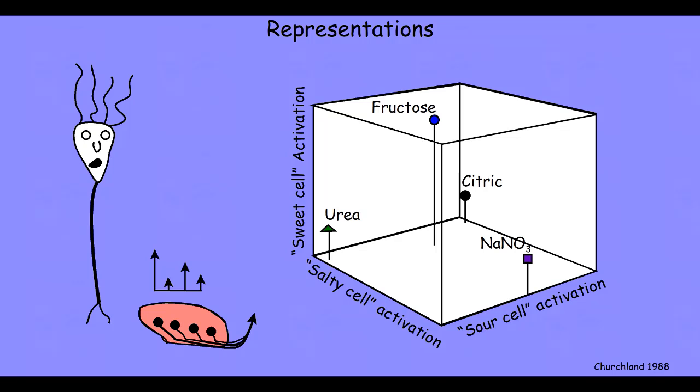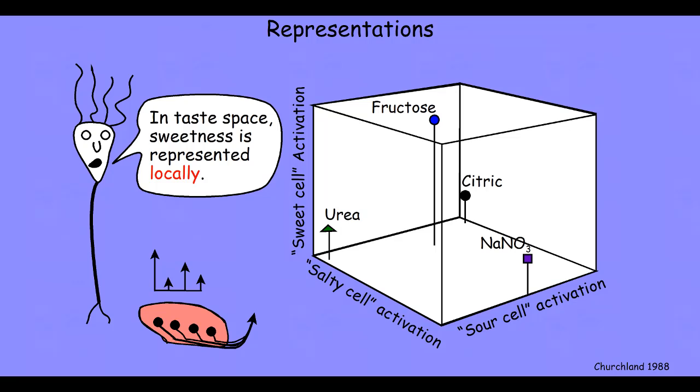So, looking at that taste space, we can now see that sweetness is represented locally. Just to be sweet, as opposed to the sweetness value for some specific kind of substance, is to be activated by the sweet cell, to move in one direction, the up direction.